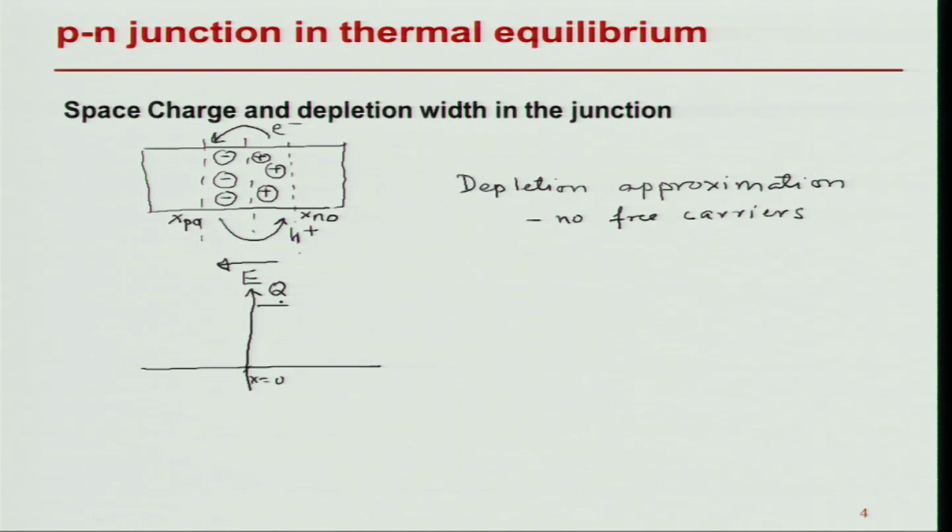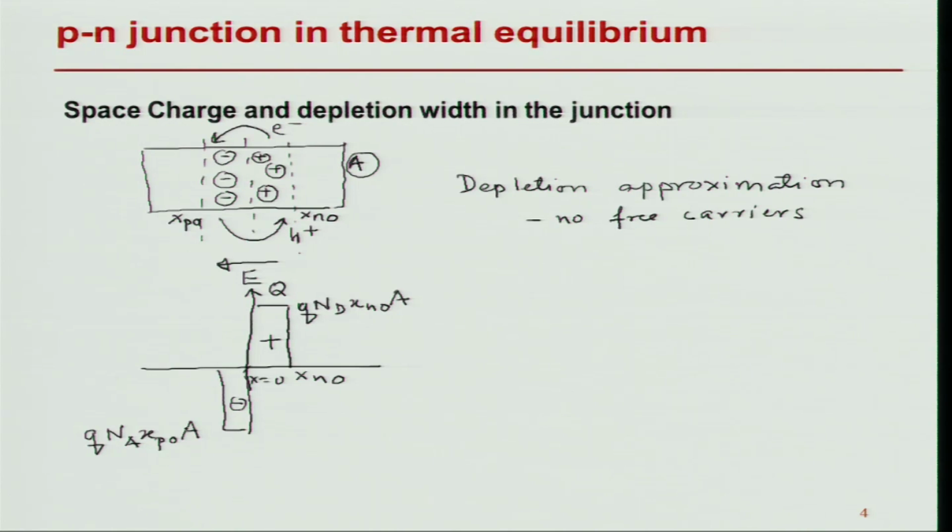Here, since it was uniformly doped, I have all dopants, the charge on the dopants, the donor concentration multiplied by x n 0, that is the total charge, multiplied by the area, assuming the area for this p-n junction is A. So, this would be the positive charge, and similarly I will have the negative charge on the p side, which will be given by q, the acceptor concentration, x p 0, the extent to which the depletion region is in the p type, and the area.